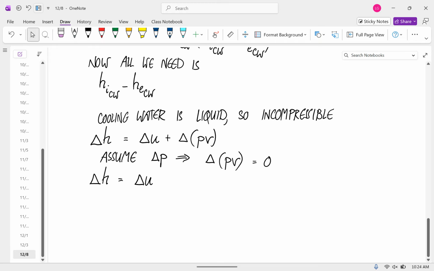And so now we can write du, the change in U, is equal to C times the change in temperature. We've done that a bunch of times before for incompressible materials. And this is our delta H, which is what we want.